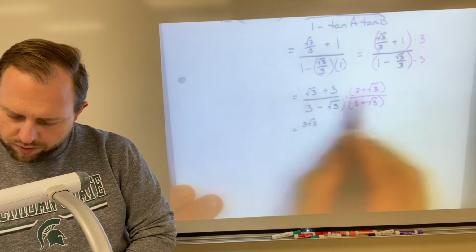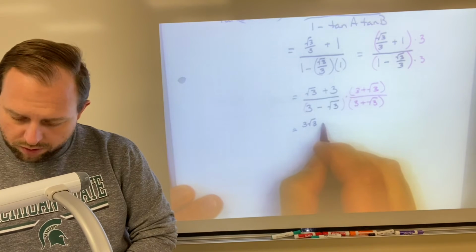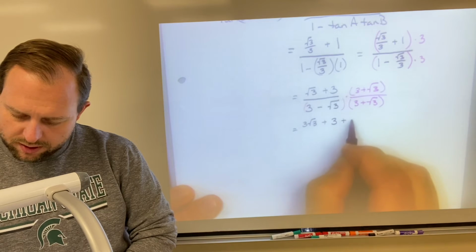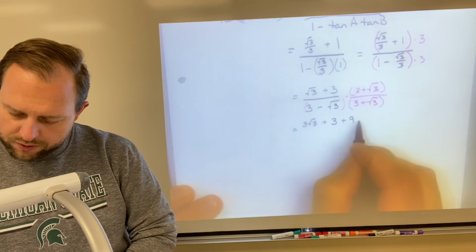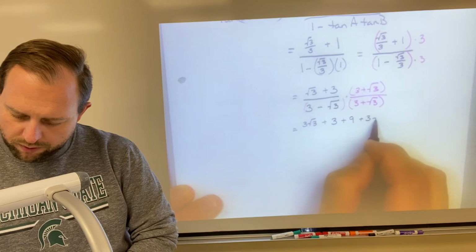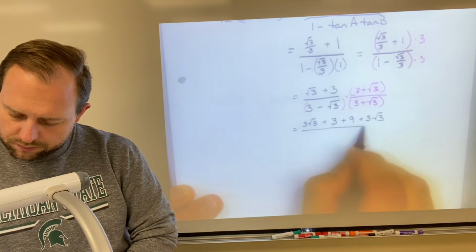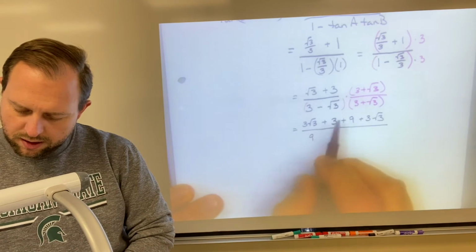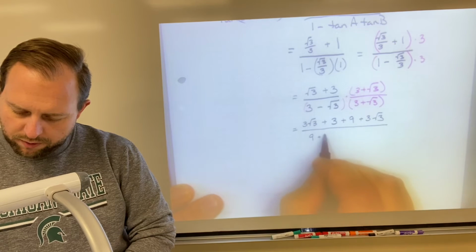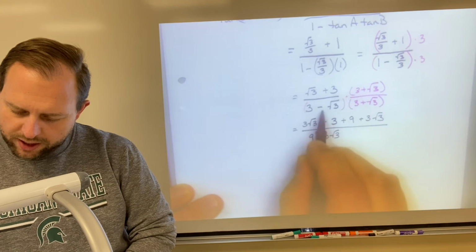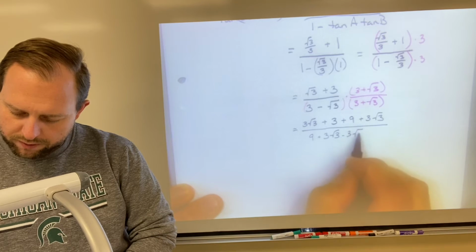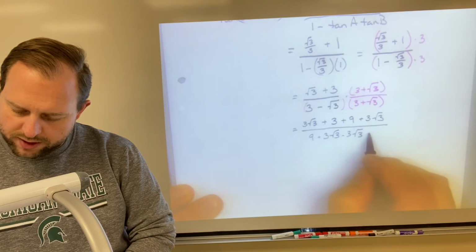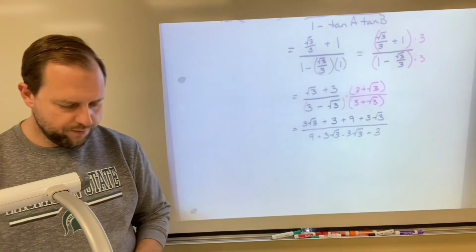Outside terms, root 3 times root 3 is simply 3. Inside terms, 3 times 3 is 9 and 3 times root 3 is 3 root 3. The bottom, 3 times 3 is 9. We get a positive 3 root 3, and we get a negative 3 root 3, which is how they cancel. And then negative root 3 times root 3 is a negative 3.